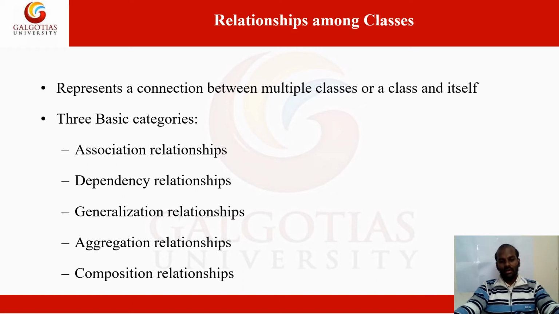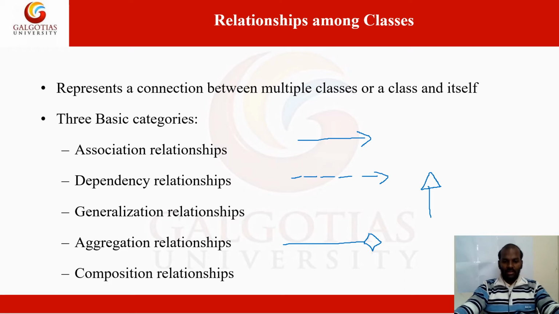So I just want to tell you how each is represented with notation. Association is always a straight line with an arrow mark, right? Dependency is always a dotted line with an arrow mark. Generalization always goes in the upward direction, and the arrow mark is represented here. Aggregation is a straight line with a diamond symbol at the end. So this is what we call aggregation.